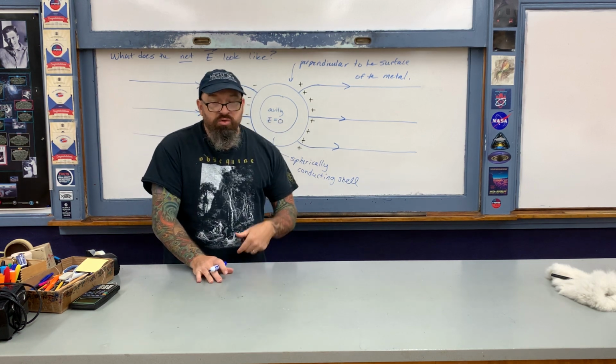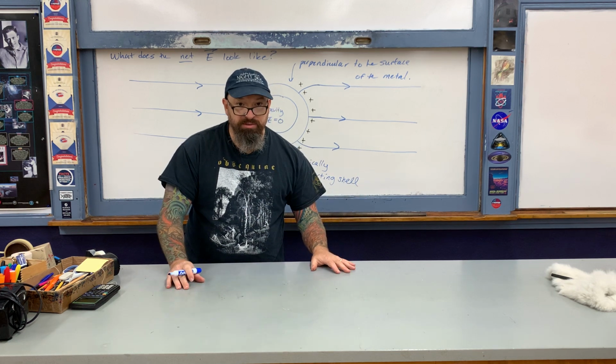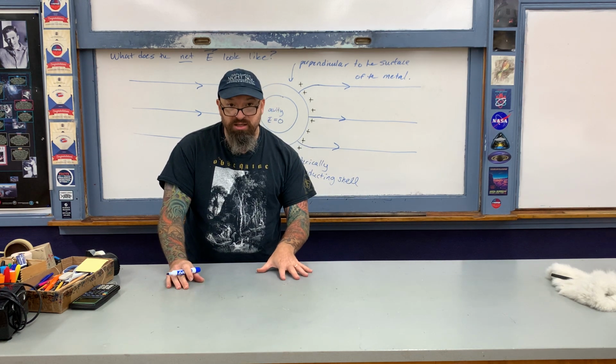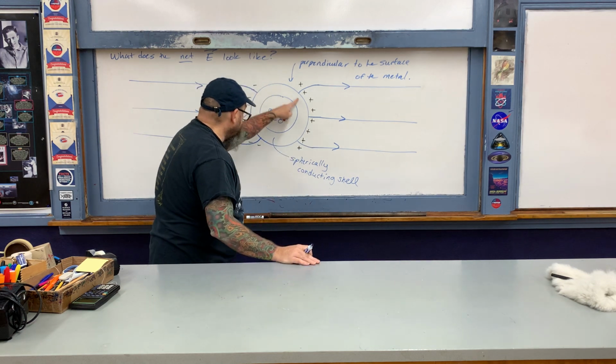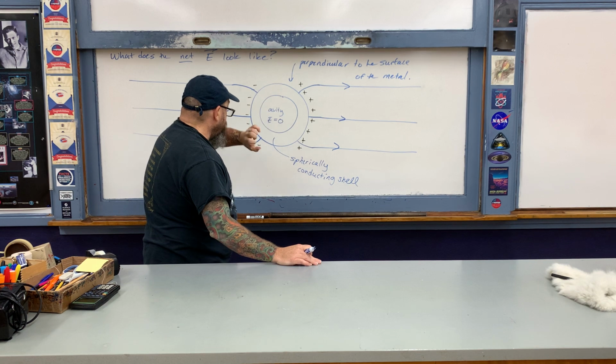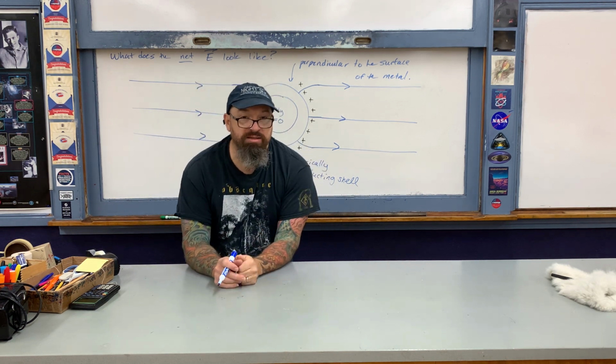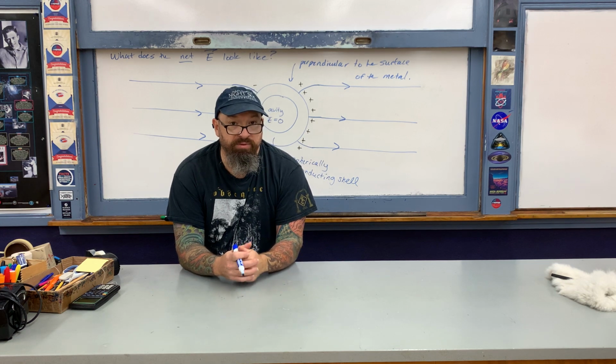This then means that you could shield something electronically from outside influences by basically surrounding it by a conductor. That is, if you have, in this case, a spherically conducting shell, and you have a cavity inside, you can then place something inside like so that you want to have protected from outside electrical influences.